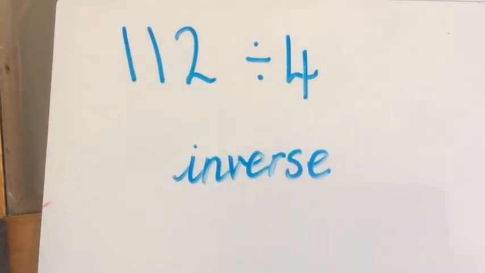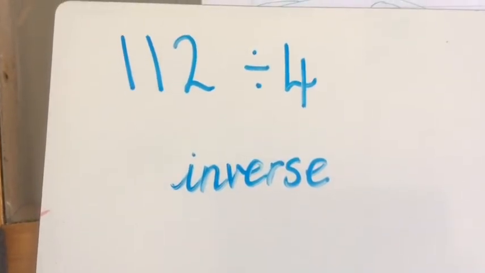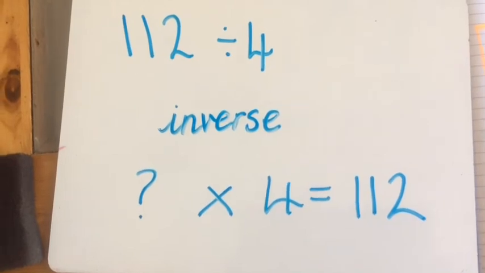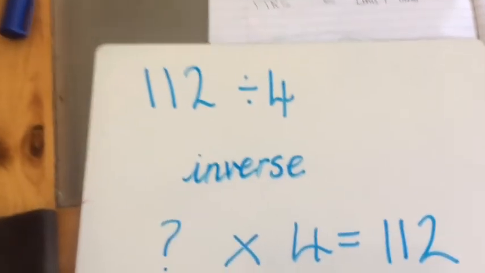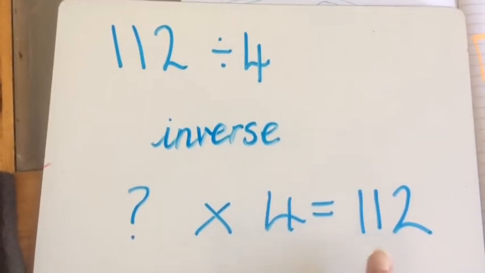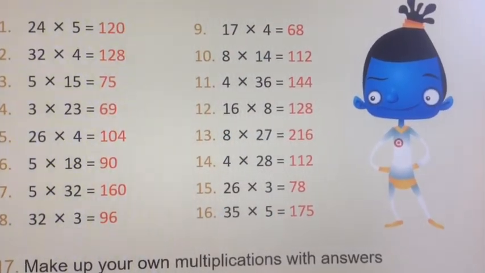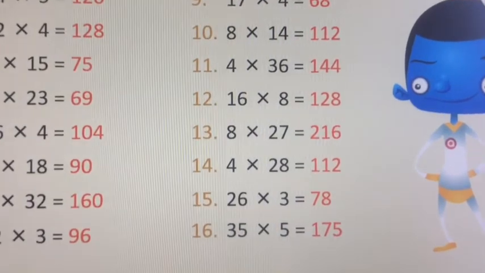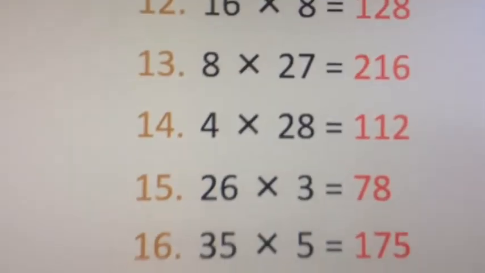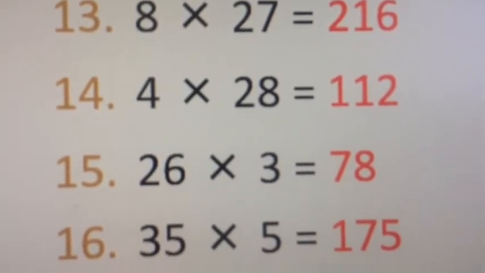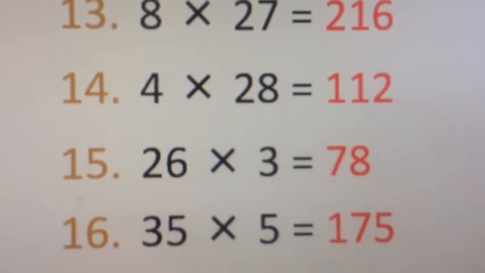So what's the inverse of 112 divided by 4? Basically, we're trying to think how many 4s there are in 112. Can you spot the multiplication sum that should have helped you? Number 14. There are 28 4s in 112.